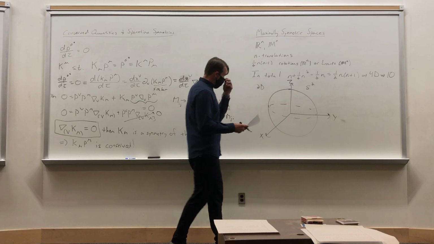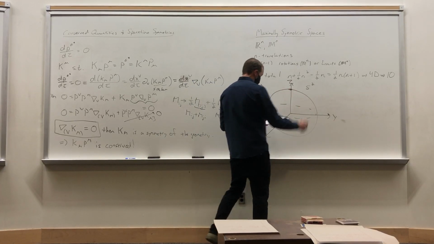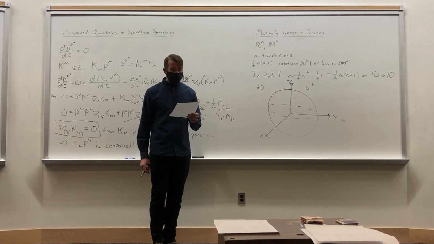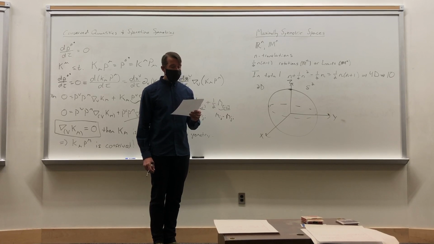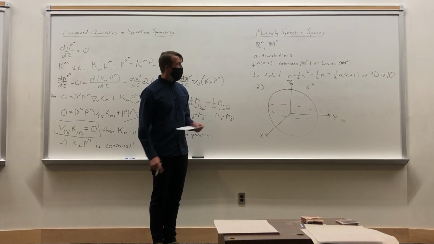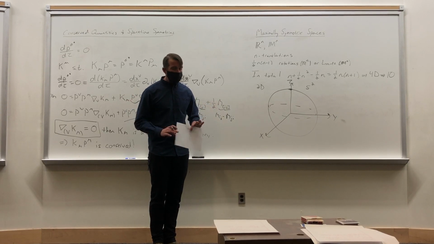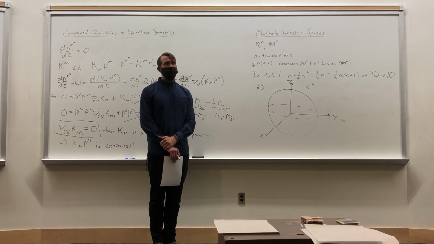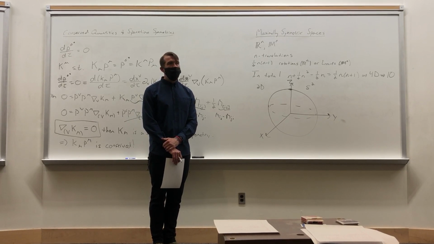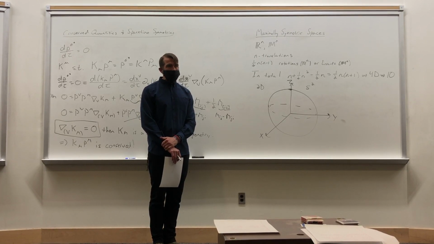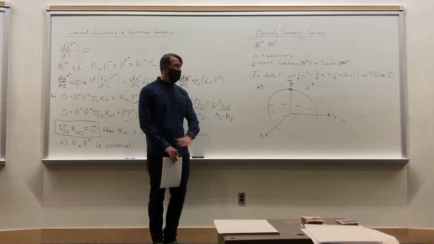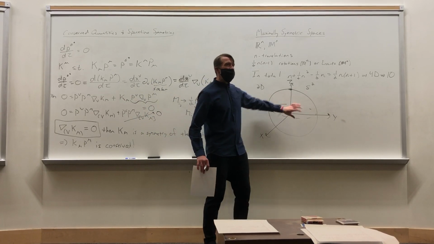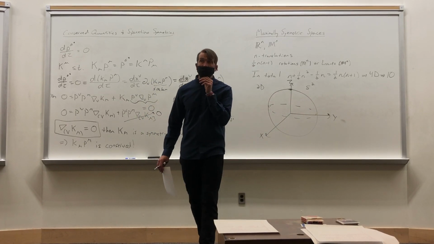Well, let's just go to the North Pole and ask ourselves, well, actually, let's just pause. Is it obvious that you have 3 symmetries of this object? 3 independent symmetries. You can imagine those as rotations around the x-axis, rotations around the y-axis, and rotations around the z-axis.